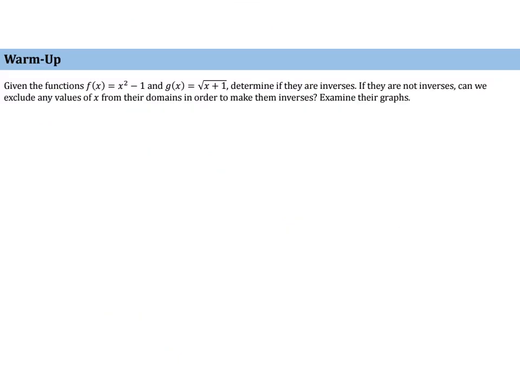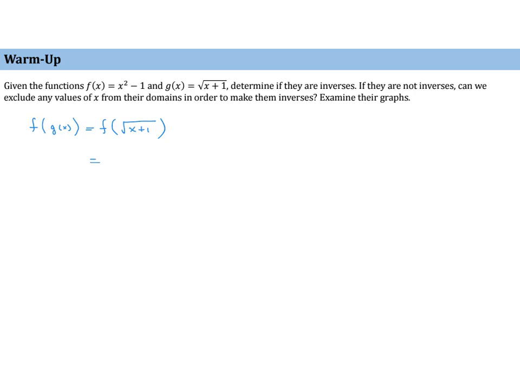So here we have two functions, and the goal is to determine if they are inverses. That's the first goal at least. So f of g of x equals f of the square root of x plus 1. But now what does the function f say to do to that input?